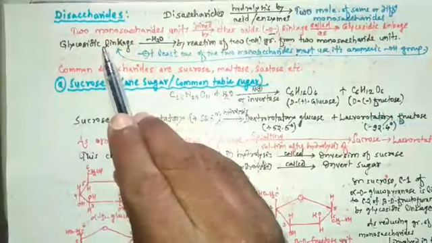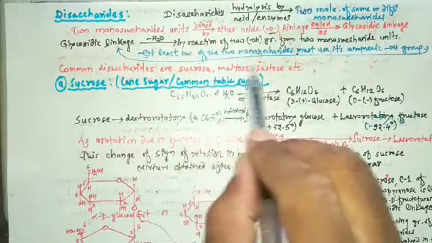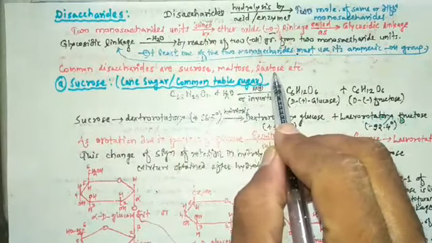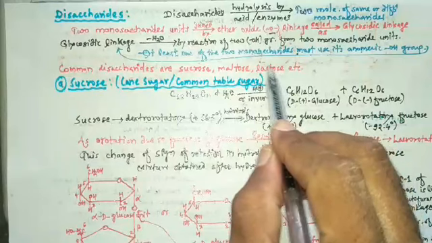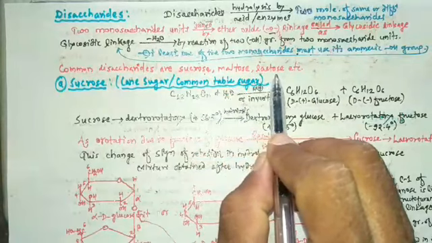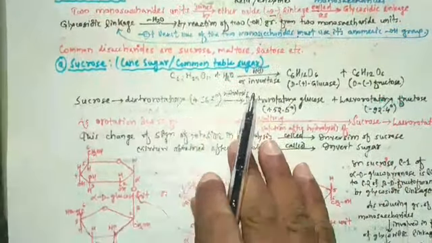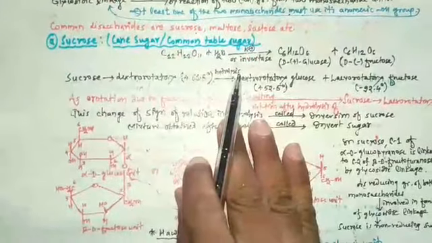So examples of disaccharides are sucrose, maltose, and lactose. These are the various examples of disaccharides. So let's study them in detail one by one.